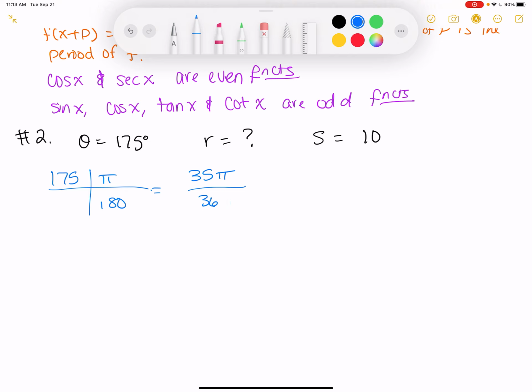So 35 pi over 36 is my new theta. Now I just use S equals r theta. I need r, so S divided by theta: 10 divided by 35 pi over 36. Divide by a fraction, so multiply by the reciprocal: 10 times 36 divided by 35 pi.